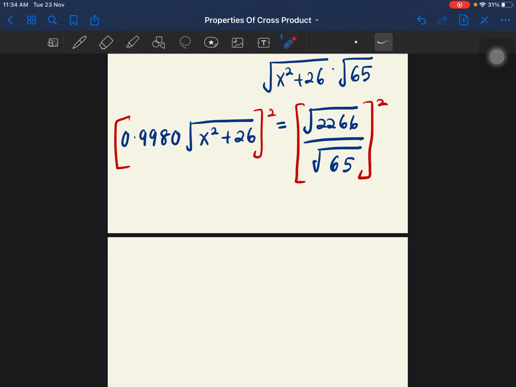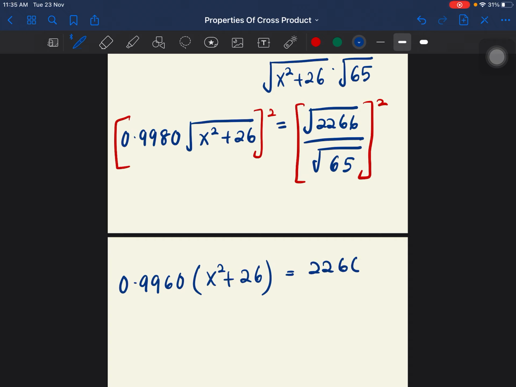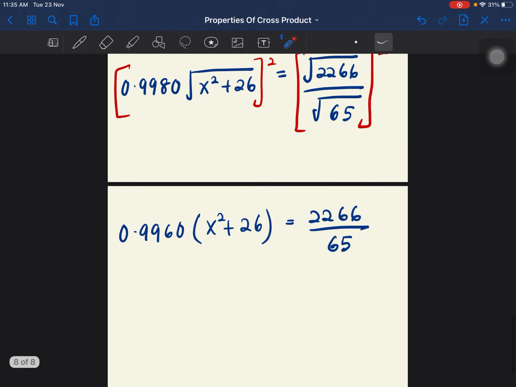So 0.9980, the whole thing squared, will give you 0.9960, multiplied by x squared plus 26 is equal to, on the right hand side, 2266 over 65, because we can already cancel out this one, isn't it?